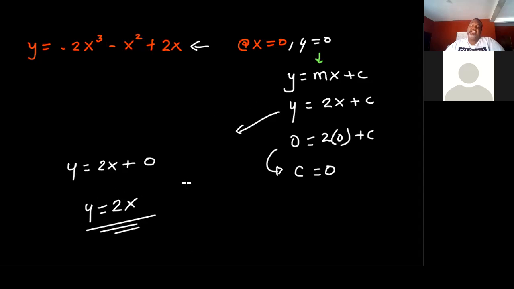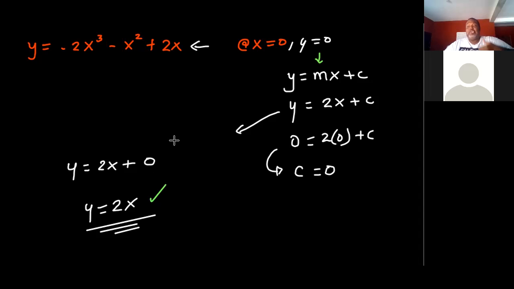This is your answer to part A. Okay, there is no fancy way of writing that. The equation of a line is written in the form y is equal to mx plus c. If I see this as a teacher, I'm thinking c is 0. I'm thinking this is what the student is telling me. And in fact, this is correct.